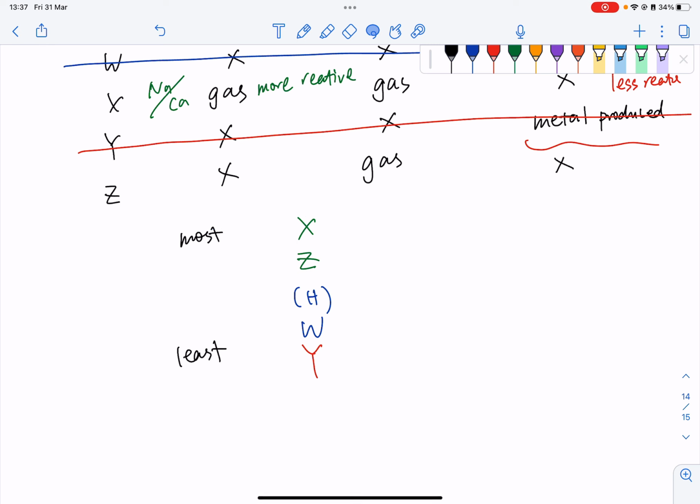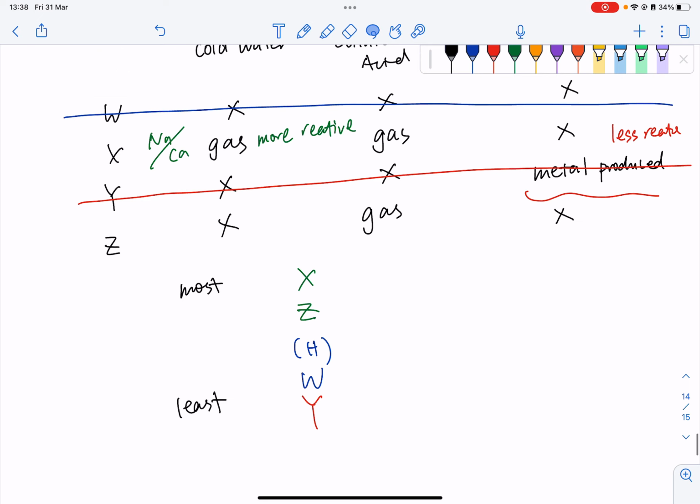And let's take part B. In a practical session, students add a few granules of X into a beaker of cold water. The granules sank to the bottom. Suggest what could be the X. Oh, X has gas produced, right? But here it sinks to the bottom.